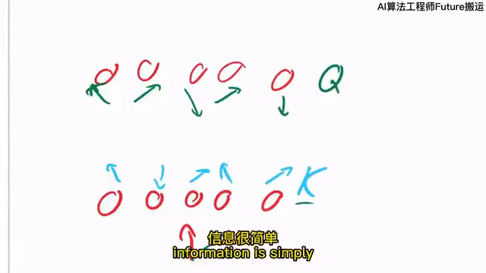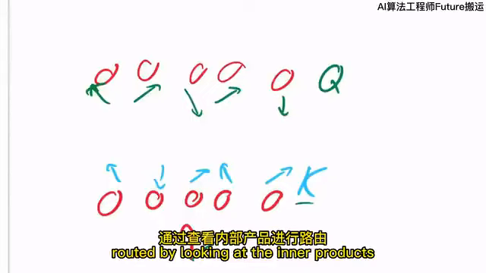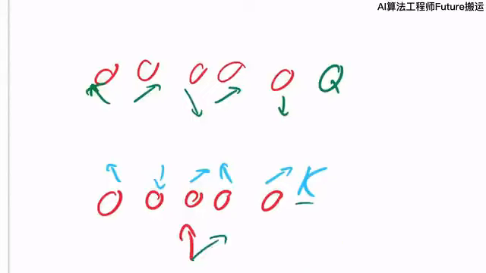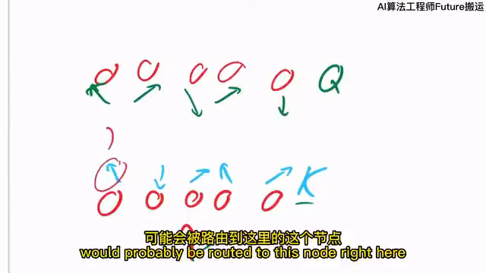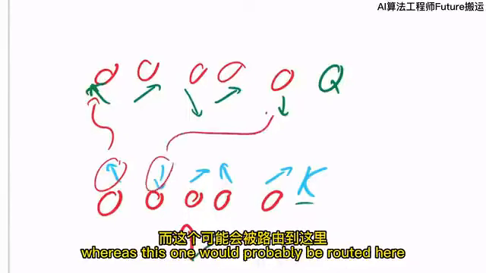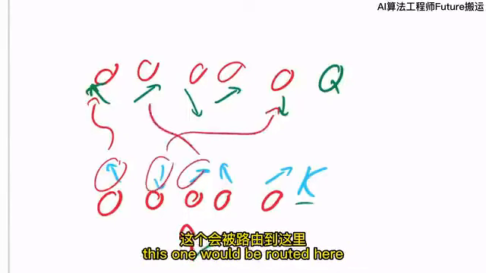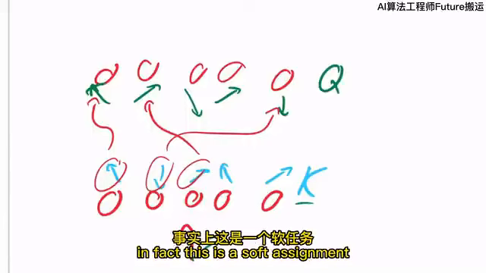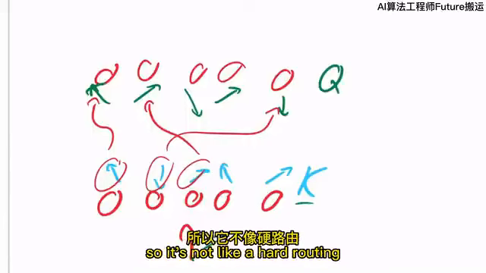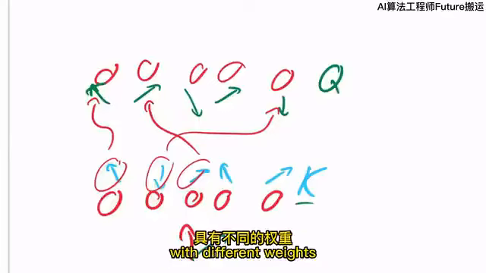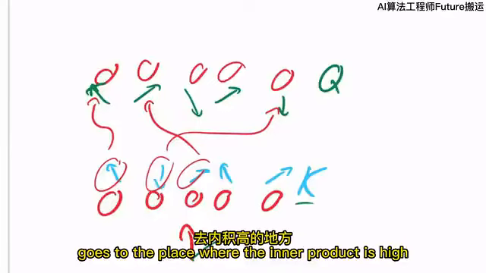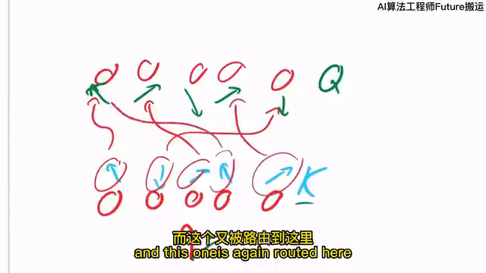Now the information is simply routed by looking at the inner products of the keys and the queries. So this information right here would probably be routed to this node right here, whereas this one would probably be routed here. This one would be routed here. In fact, this is a soft assignment, so it's not a hard routing, it's a soft routing. Everything is routed to everything with different weights, but the majority goes to the place where the inner product is high, and this one is again routed here.